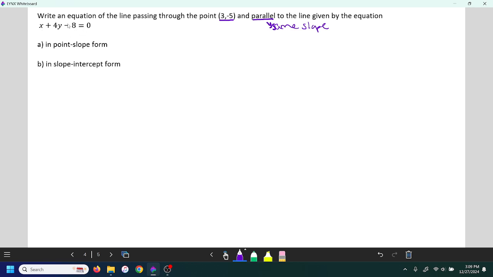So we need to start by finding the slope of this line, which we can do by rewriting this in slope-intercept form.